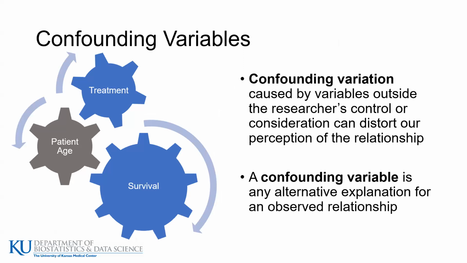Confounding variation is caused by variables that are outside of our control, that can distort our perception of the relationship between the exposure and the outcome variable. By definition, a confounder is a variable that influences both the dependent variable and the independent variable, which can cause a spurious exposure-outcome association.